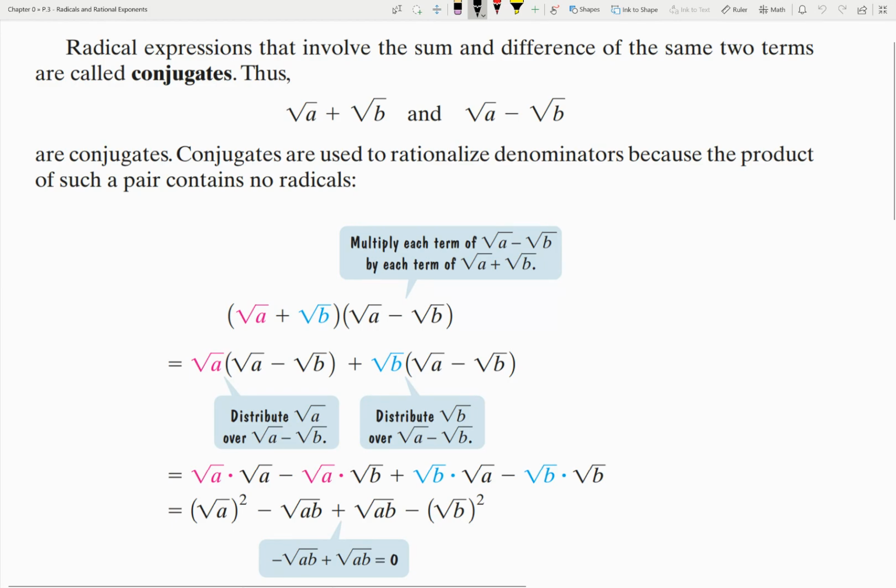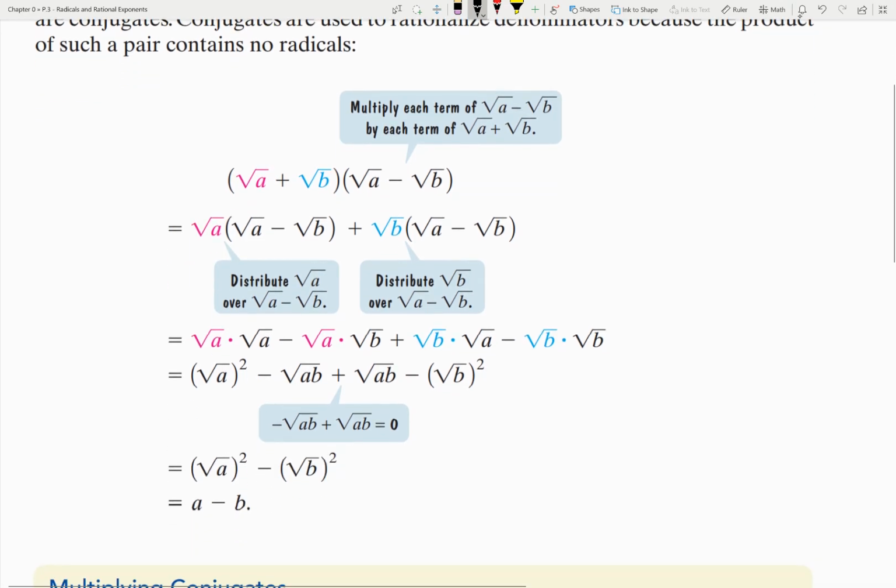Sometimes, if you have a sum or a difference of two terms that are radicals, in order to make one or more go away, we're going to have to use something called conjugates. Conjugates occur when we have the same terms, only one has a plus in between, one has a minus in between. And a funny thing happens when we multiply two conjugates together.